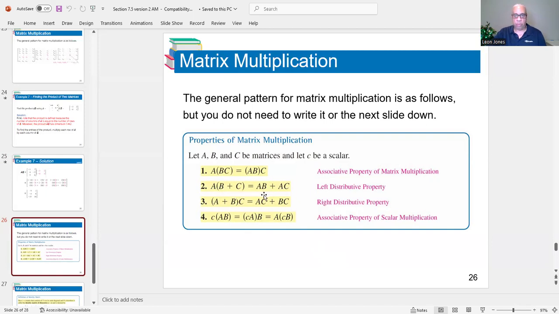A times B plus C, just like addition. You're just distributing A into the operation. And from the right, you're putting C in front of everything. I prefer doing everything left to right. And then also you have your associative property of scalar multiplication.